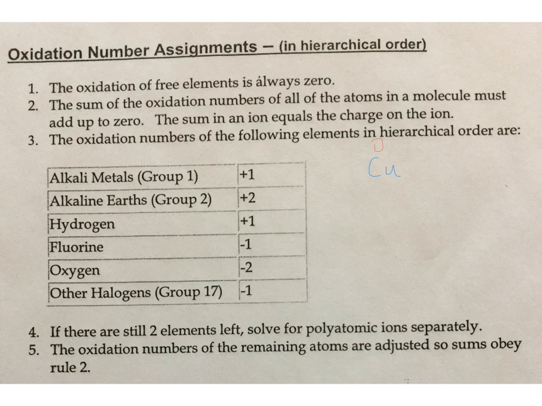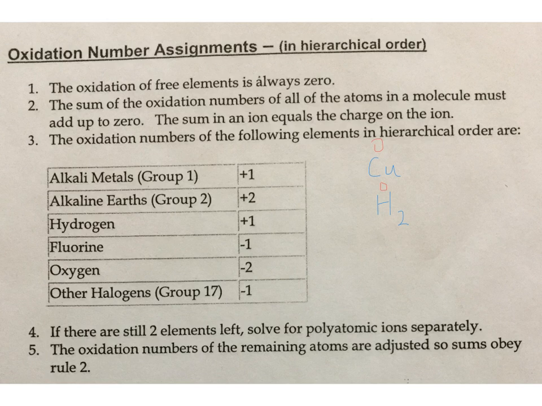If I had an example of an element like a diatomic, like hydrogen, even though it's bonded to itself, it's not bonded to another element to make a compound. Therefore, it still follows the first rule, and it also is going to have an oxidation number of 0.